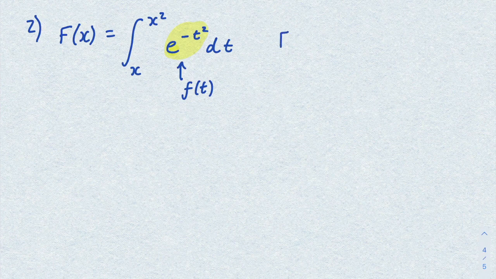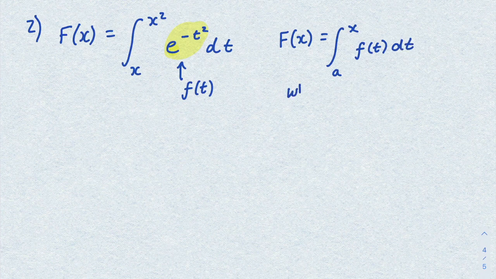So remember, uppercase F of x needs to be equal to the integral from a to x of lowercase f of t with respect to t, where the derivative of uppercase F of x equals lowercase f of x. Right, so that's what the fundamental theorem of calculus part 1 states. But if we look at this example, we haven't got a constant for our lower limit. Instead, we've got x. So again, we're going to have to use this idea of splitting up the integral.